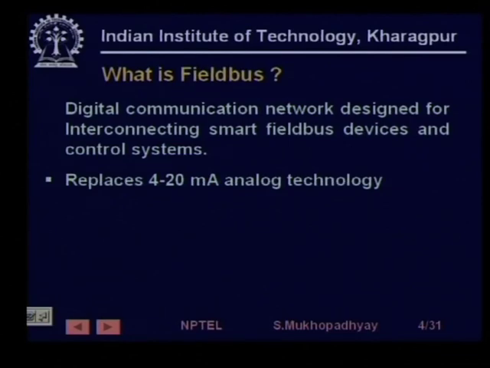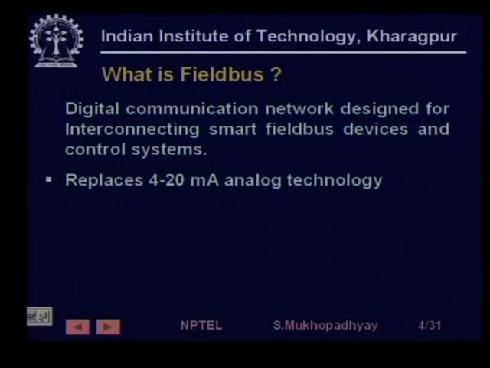So, previously also you could connect a remote sensor, a sensor which is somewhat far away, to, let us say, a controller. For that, people used to use various kinds of communication technologies. For example, people used to use 4 to 20 milliampere analog technology, where current transmission was employed.